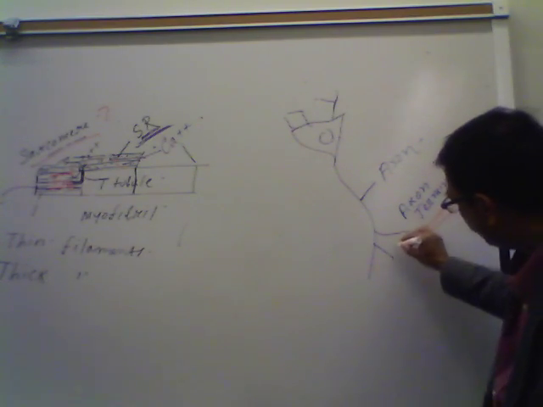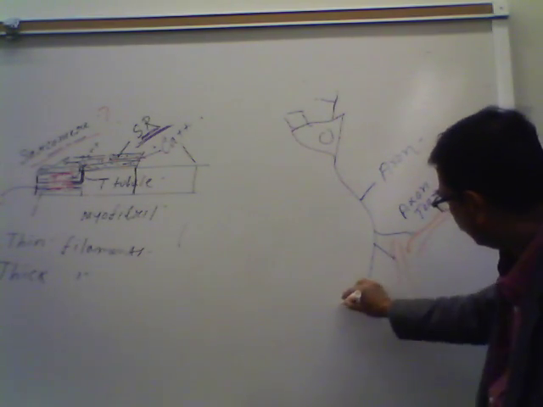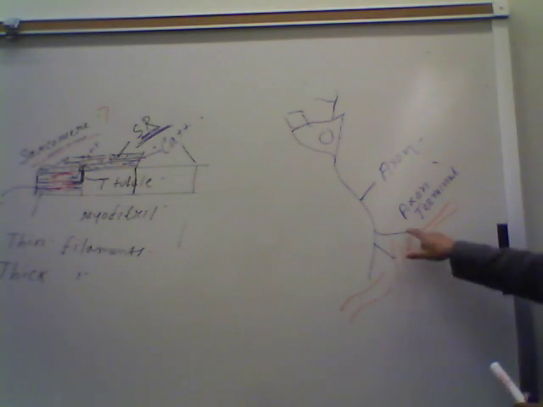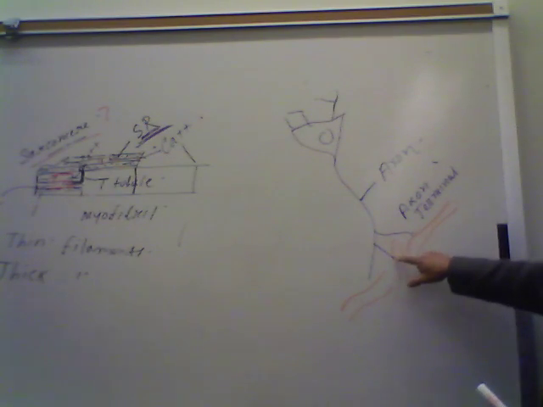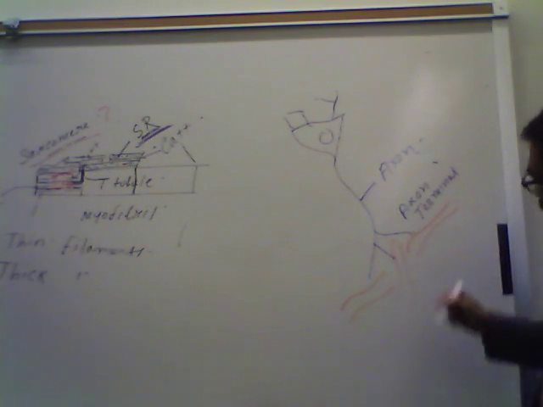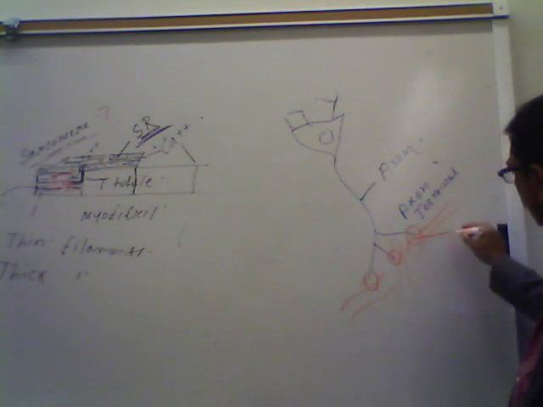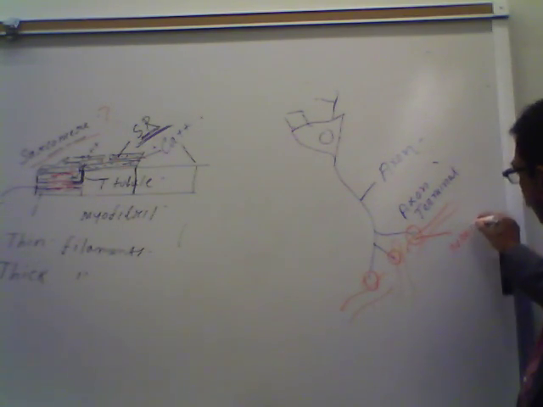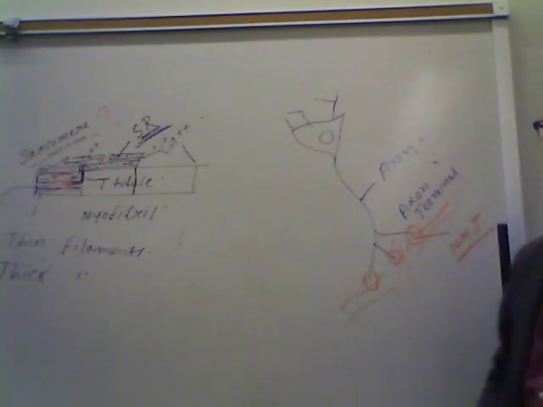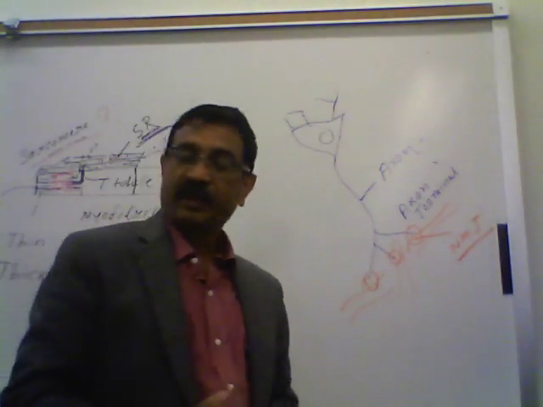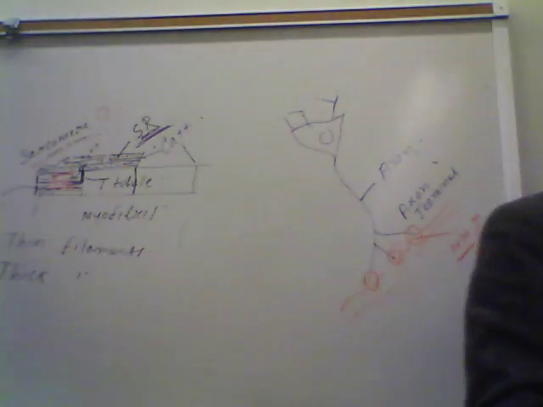So this is a muscle fiber, this is another muscle fiber, this is another muscle fiber. The axon terminals meet or end on the muscle fibers, and that is the neuromuscular junction. These are the neuromuscular junctions where the axon terminals end on the muscle fibers.